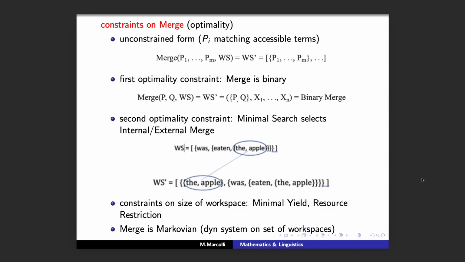Another constraint assumed for this model is that this structure building operation of merge is Markovian, in the sense that it has memory only of the workspace that you have available at a given time and not of the previous ones. Or, if you want, it defines a Markov process on your set of workspaces. And again, this will have a precise statement of in what sense it is indeed the case.